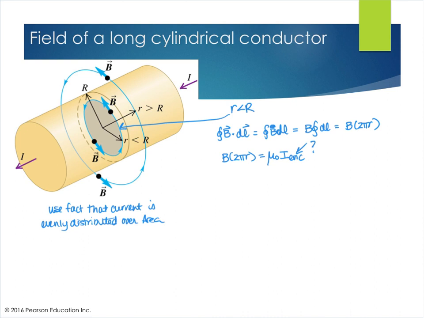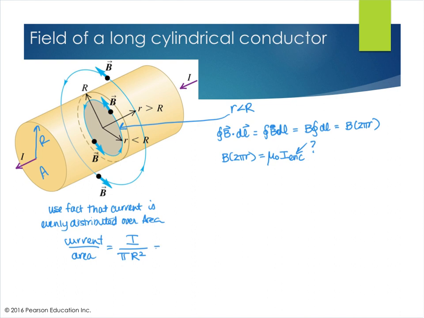So we're going to look at current over area. If we want the entire current, we would have to look at the cross-sectional area. This is the cross-sectional area here, which would be equal to pi R squared, where we're using big R, because this is the actual radius of the cylinder. So if we look at that area, we will get all the current.